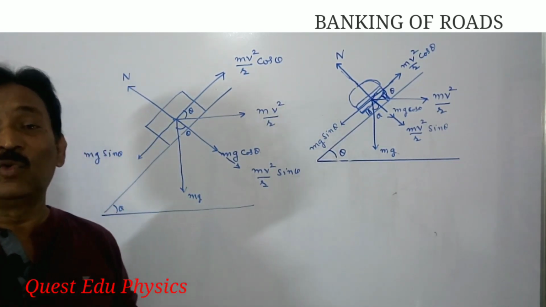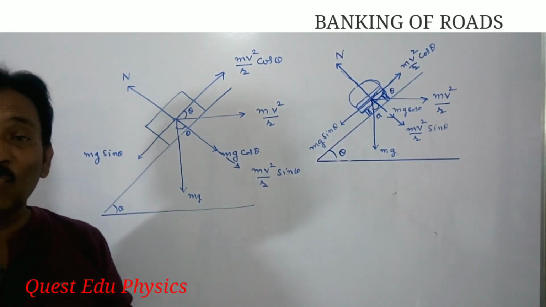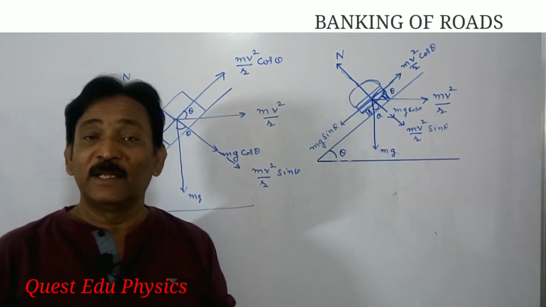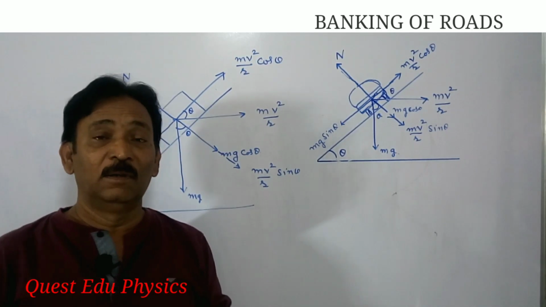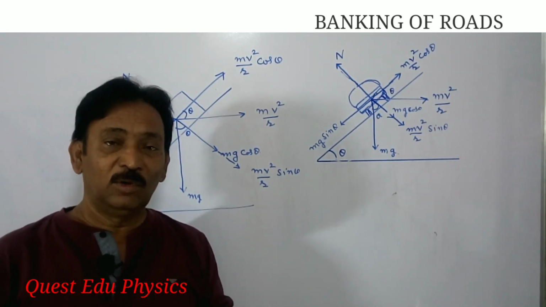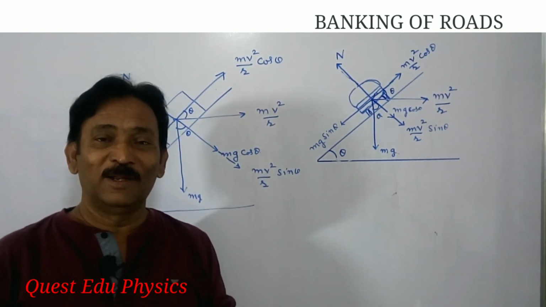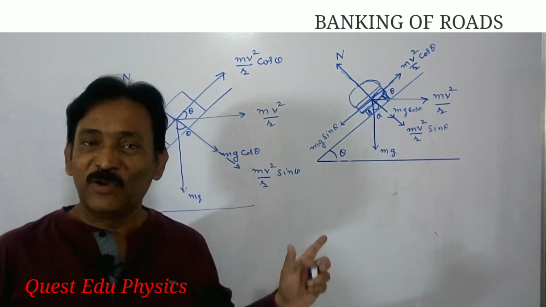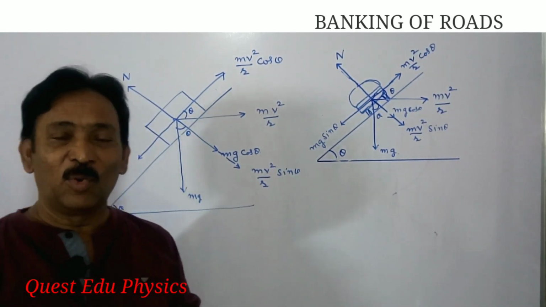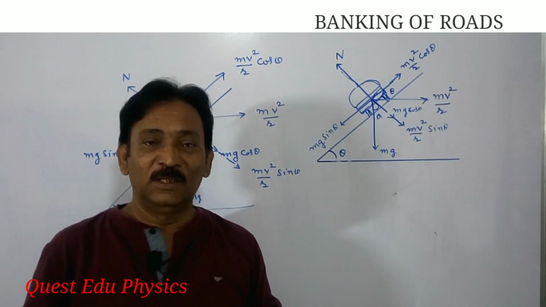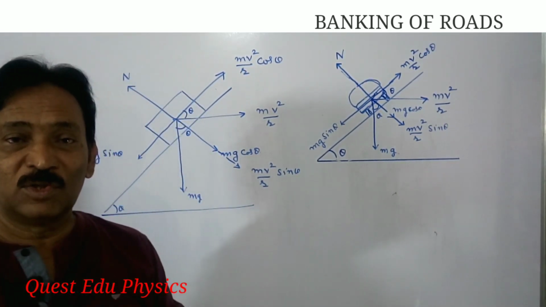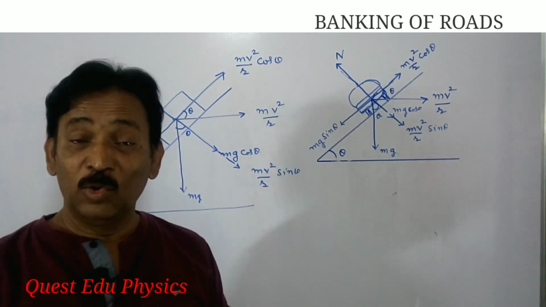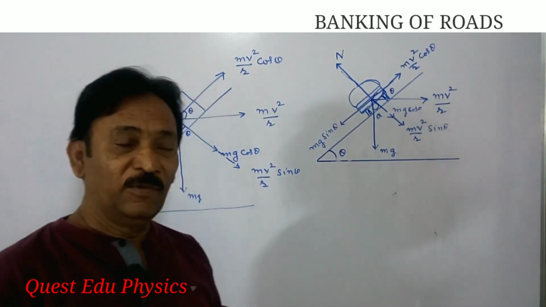Then the difference between these two, either way, gives a net force. That net force is provided as the frictional force acting between the wheels and the road. The difference of these two forces provides a net force, and this net force provides the frictional force between the road and the tires of the vehicle.